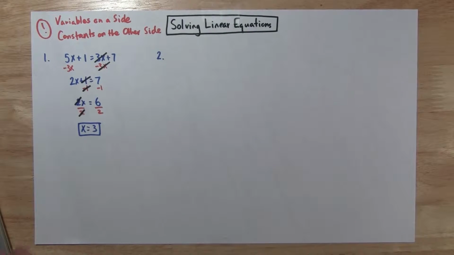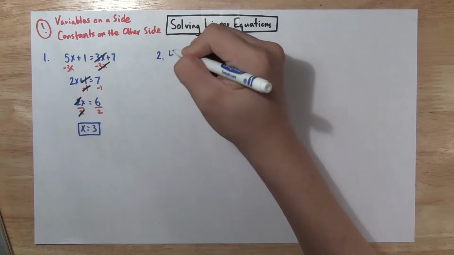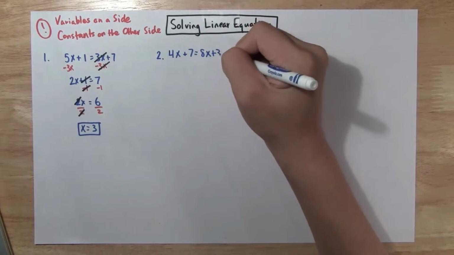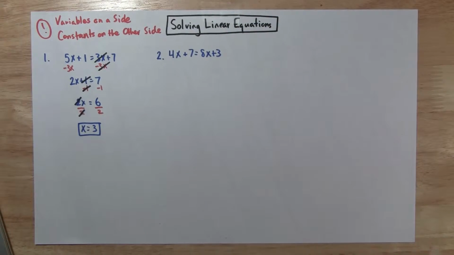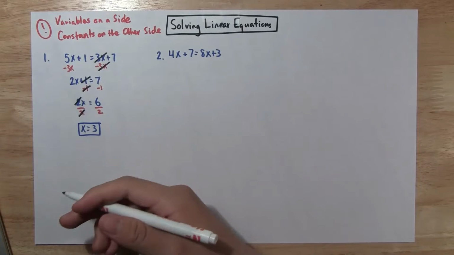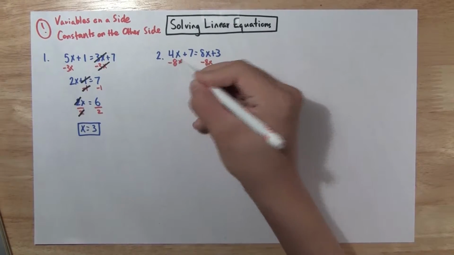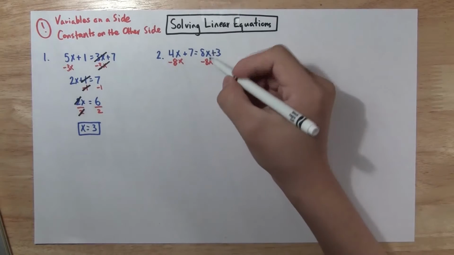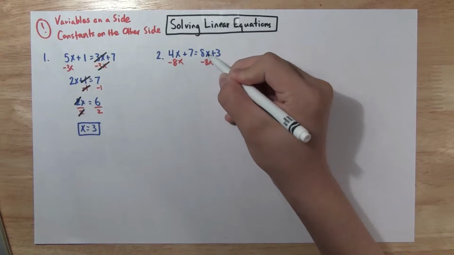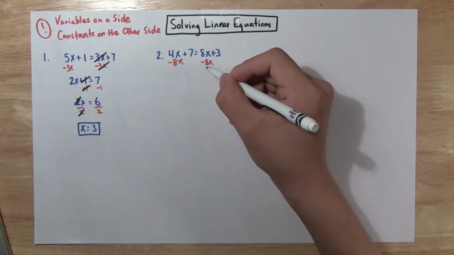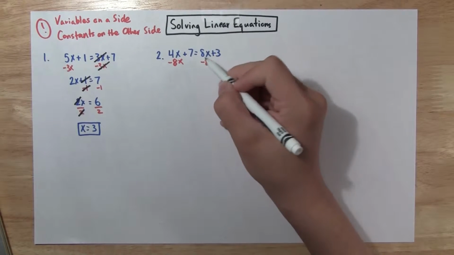So say we have a problem like this: 4x plus 7 equals 8x plus 3. First things first, we want to get all of the x's on one side. If we subtract 8x from both sides, what we're doing once again is canceling out this 8x here and shifting it over, because 8x minus 8x is just 0.